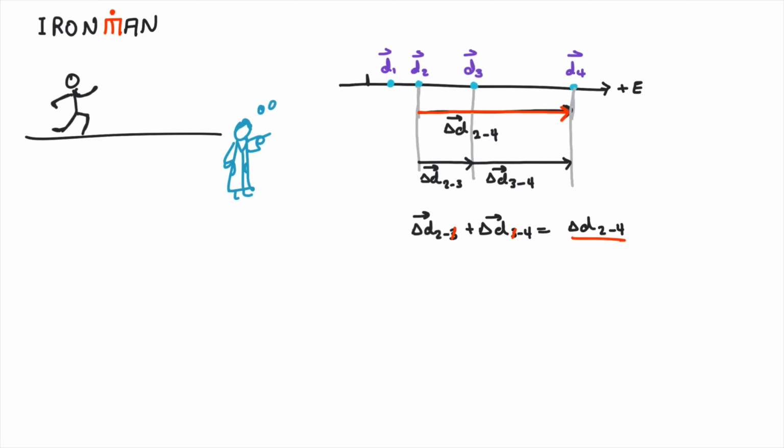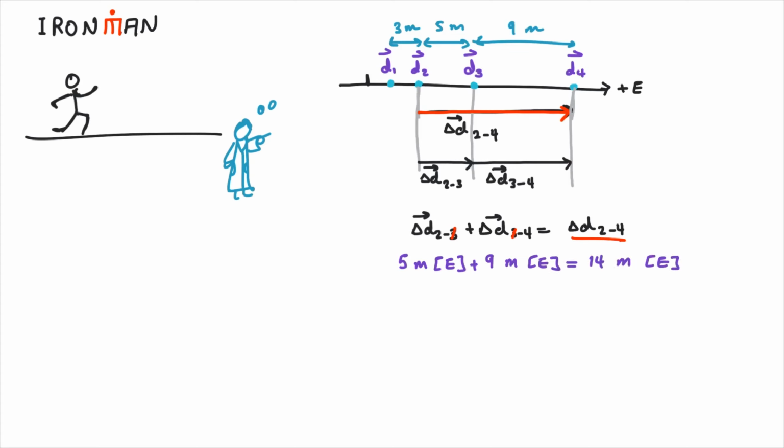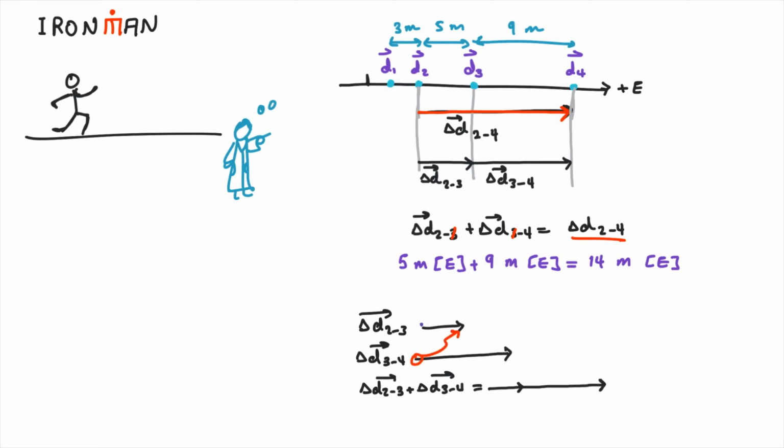Therefore, the change in position from 2 to 3 is 5 meters east, and the change in position from 3 to 4 is 9 meters east, giving a total displacement from 2 to 4 as 14 meters in the east direction. When adding vectors geometrically, you will place the tail of the second vector on the head of the first vector. The resultant vector will start from the tail of the first vector and end at the head of the last vector.